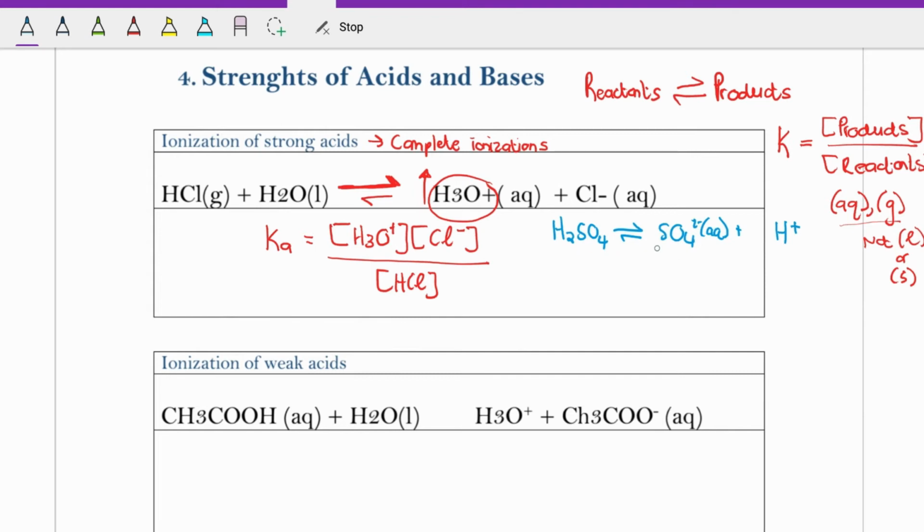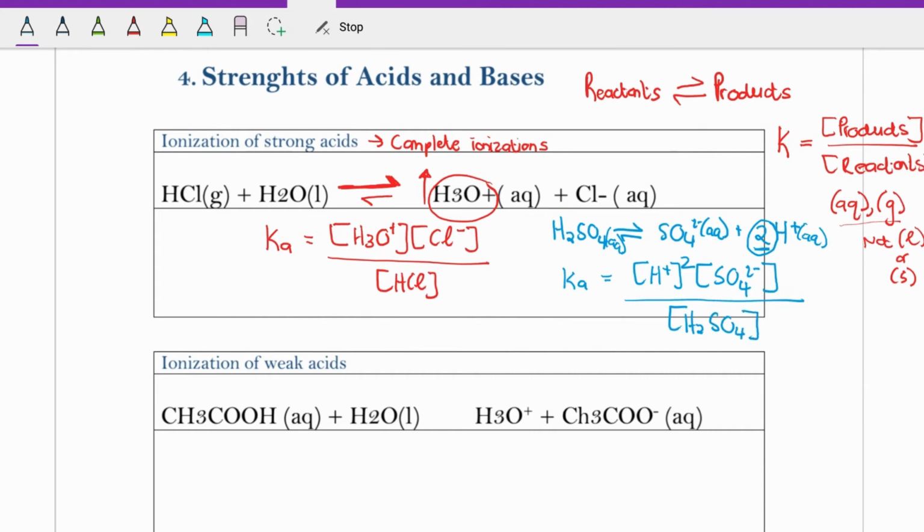And because you can see the acid gave away 2 of its protons, that has now a molar ratio of 2 to 1. Okay, so when you write down the expression for this acid, that's also aqueous, and this is also aqueous, you will write down hydrogen ion or hydronium ion with the molar ratio as an exponent, times the sulfate ion, divided by H2SO4.